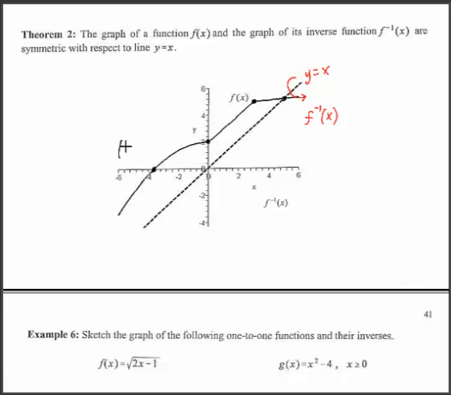Okay, so here we have negative 4, 0. Here we have 0, 2. There we have, I don't know, let's see, maybe I can call that 3, and this looks like it falls at y equals 5.